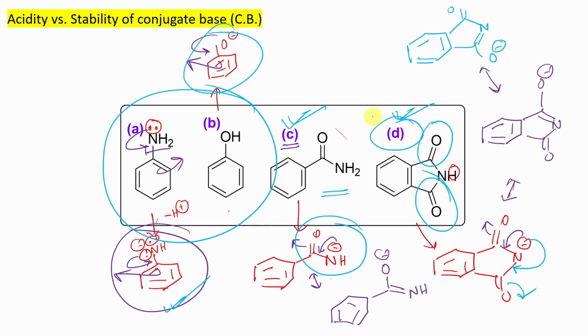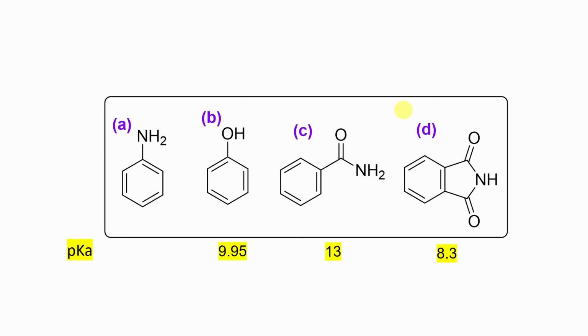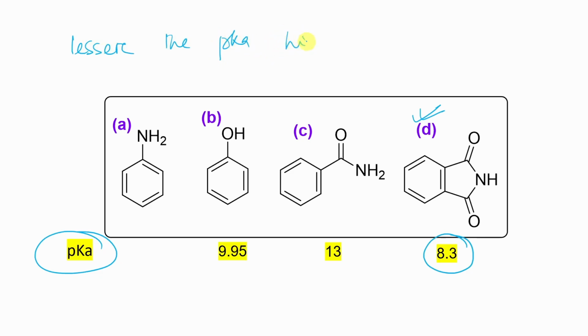So consequently, this D option is maximum acidic. And if I give you a comparison of pKa values experimentally, you can see that the pKa of phthalimide is minimum. Remember this rule: the lesser the pKa, the higher the acidity. So option D is more acidic.